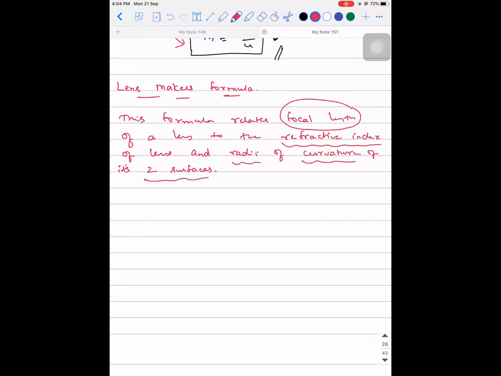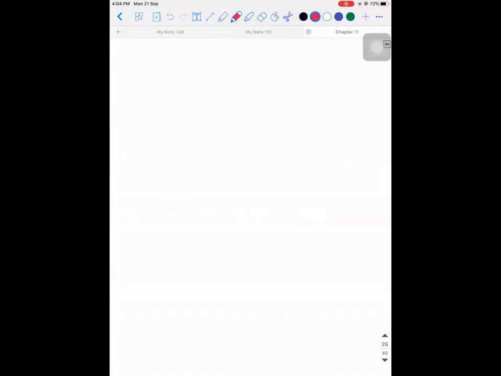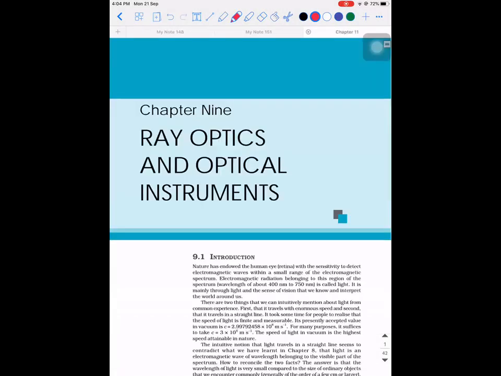So any lens will have two surfaces, right? There is an important expression which tells you what kind of a design or what kind of a material is to be chosen for a given focal length. That is the lens maker's formula. So the expression for that is given here.